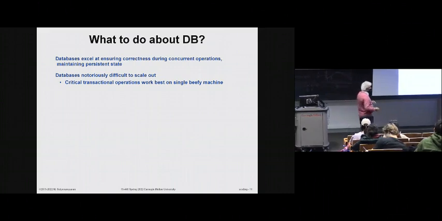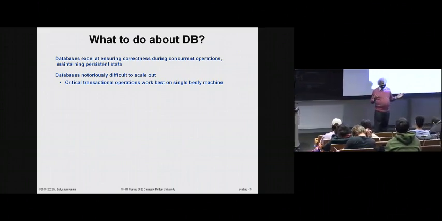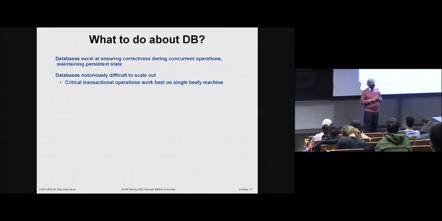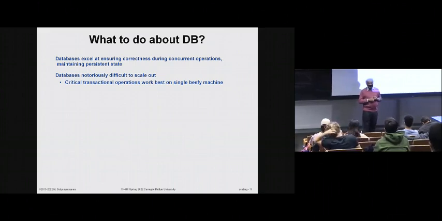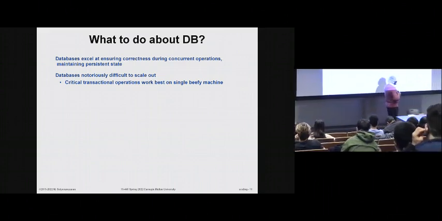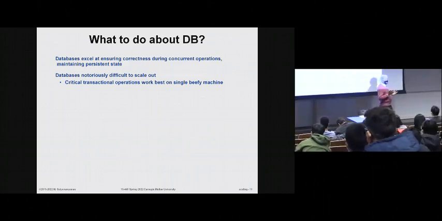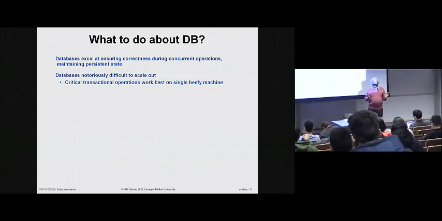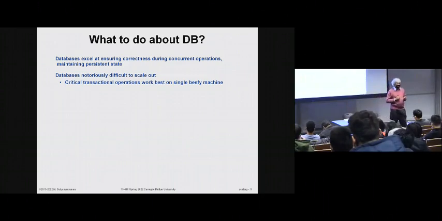So some years ago, you may recall Oracle, which is one of the most successful database companies, purchased Sun Microsystems. Why did they do that? It turns out they purchased it for one tiny portion of Sun Microsystems.